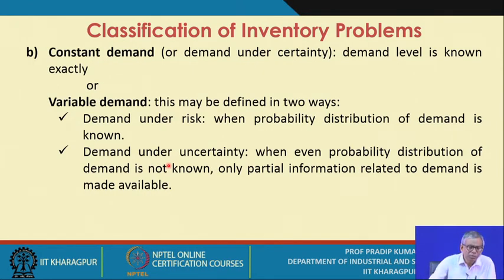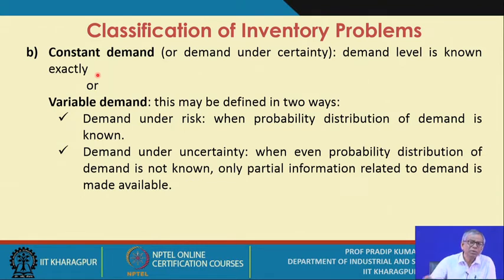Then the demand could be constant. That means the demand is under certainty. That means what we say is the problem under certainty. Demand is known with certainty. Demand level is known exactly.